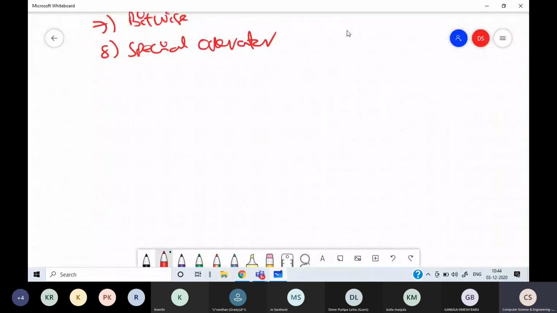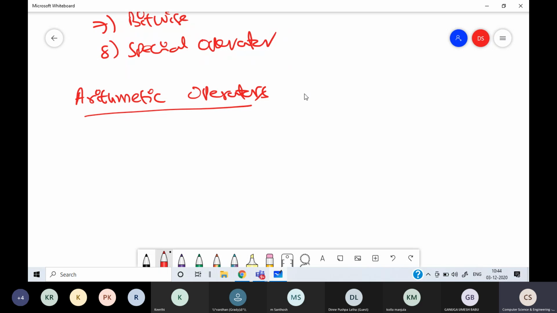So first we'll take the arithmetic operators. We use different arithmetic operations in our day-to-day life, like addition, subtraction, multiplication and division, the common routine operations we perform.